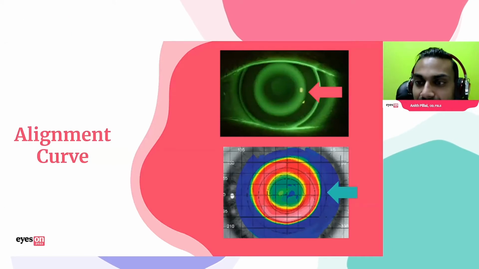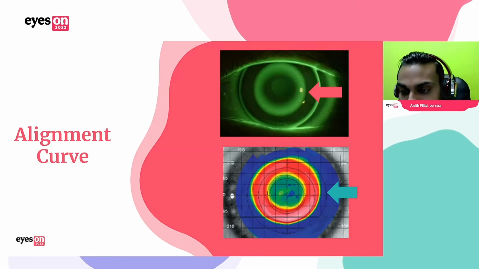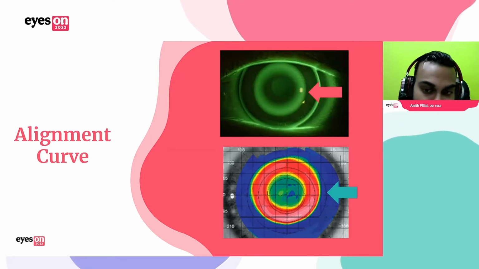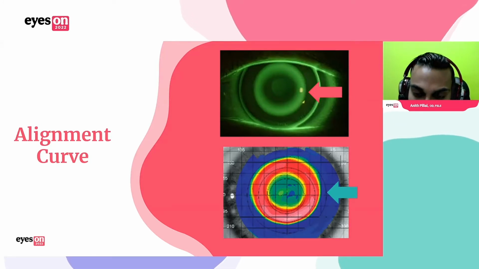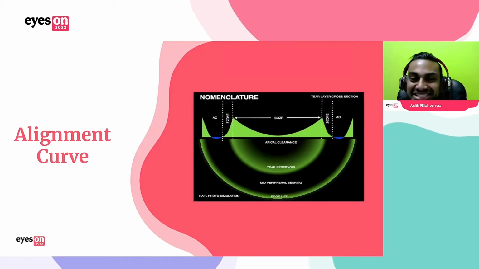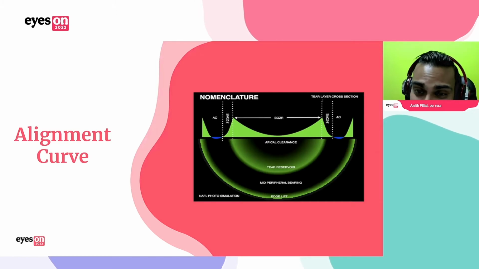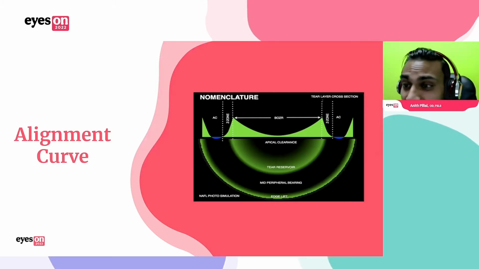Next up is the alignment curve. And it's the second area of bearing that you'll see at the fluorescein image. And on the topography, you'll see it'll be immediately adjacent to the mid-peripheral red ring. And the alignment curve is, believe it or not, about alignment. Right? This is where a lot of centration occurs. And on the tear film analysis here, you'll see this area is actually a lot closer to bearing than even the base curve.